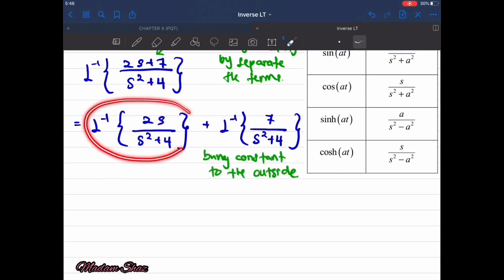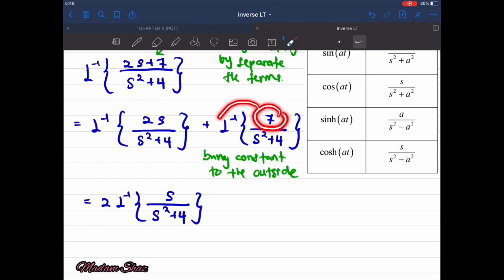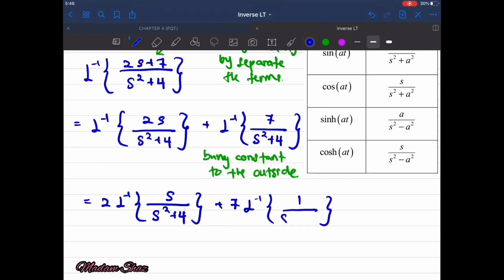So for the first curly bracket, we will bring 2 to the outside. So the upper side will become s over s square plus 4. For the second curly bracket, we will bring 7 to the outside. So the upper side will become 1 over s square plus 4.